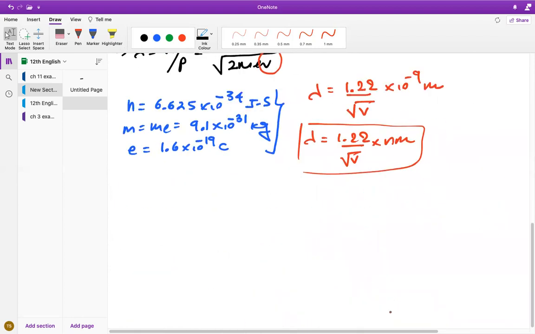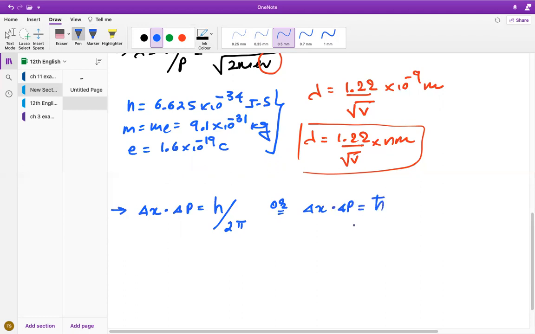Now another thing is Heisenberg's uncertainty principle. It came in 11th, chemistry chapter two. So delta x into delta p is greater than or equal to h upon 2 pi, or delta x into delta p is h cut or h bar.